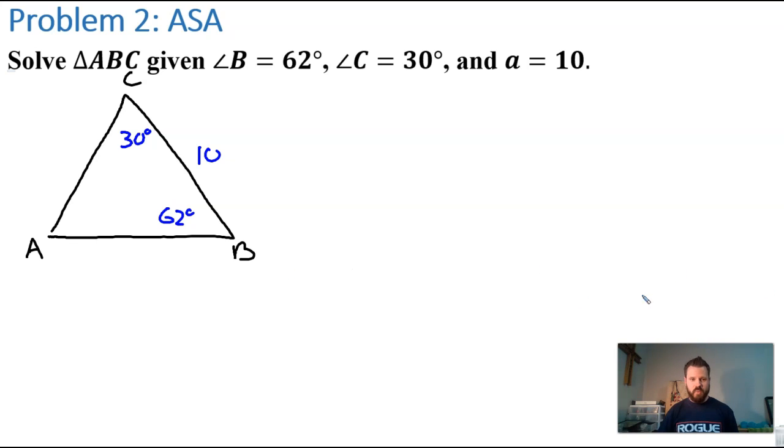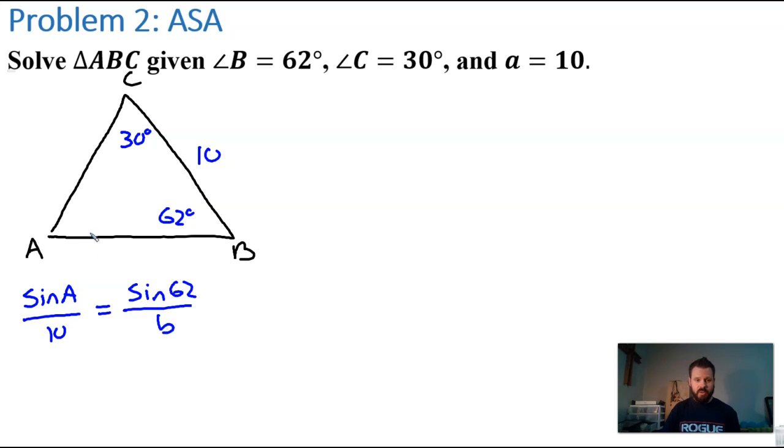Okay, now as far as where do I start with this one, let's plug in what we have. We could say that sine of A, which we don't know, over 10 is equal to sine of B, which is 62, over little b, which we don't know, which is equal to sine of 30 for the C over little c, which we don't know.